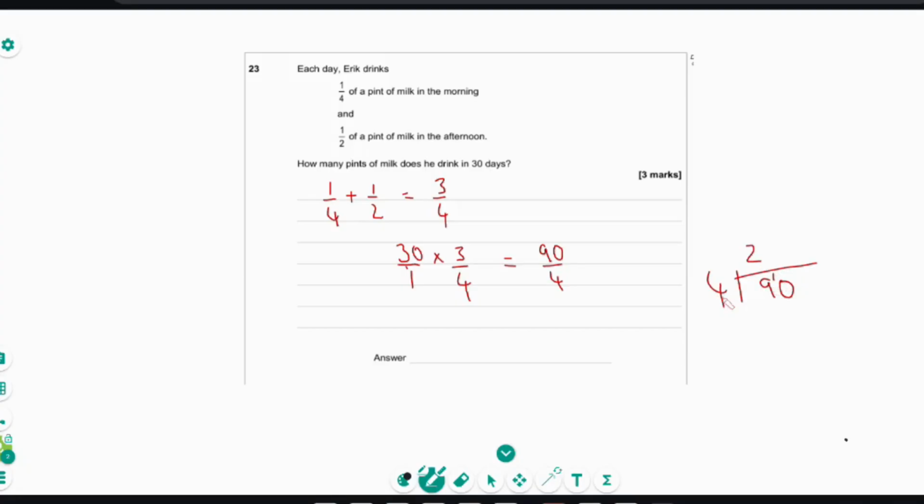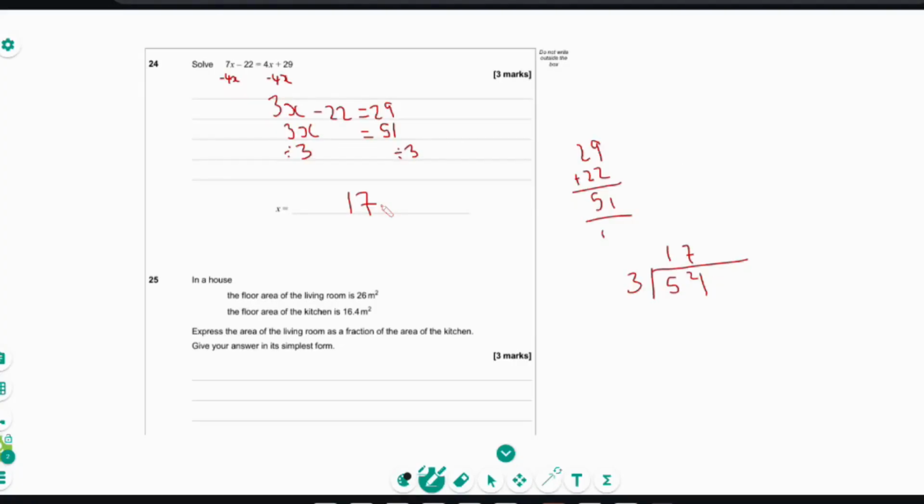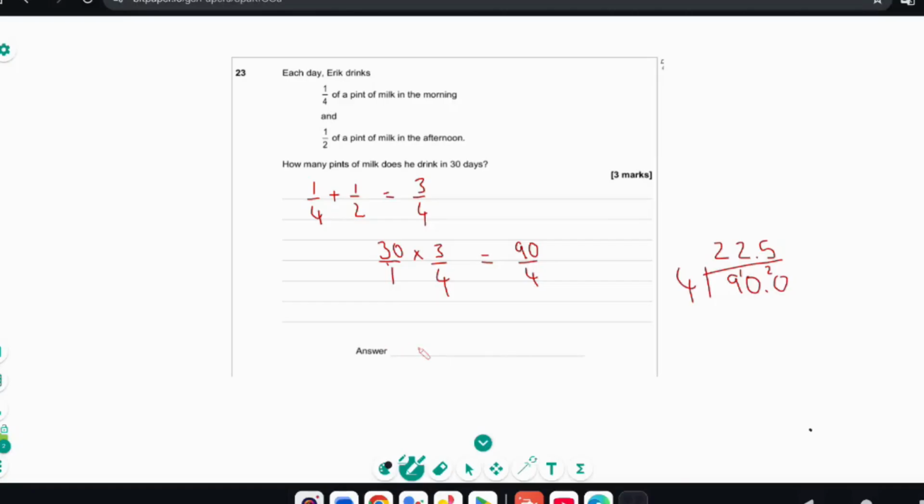Remainder 1. 4's into 10, 2. Remainder 2. And then 4's into 20 is 5, so 22.5, 22 and a half pints.